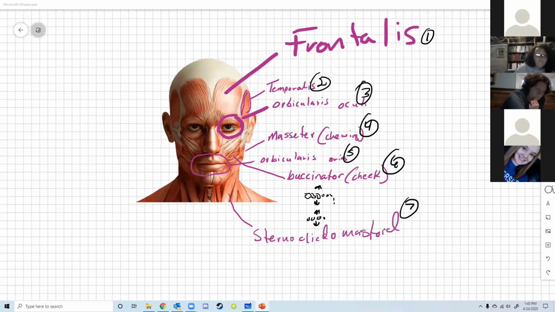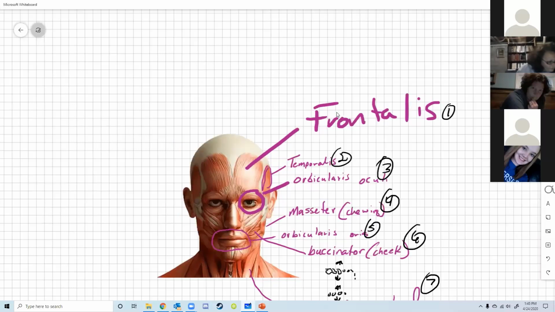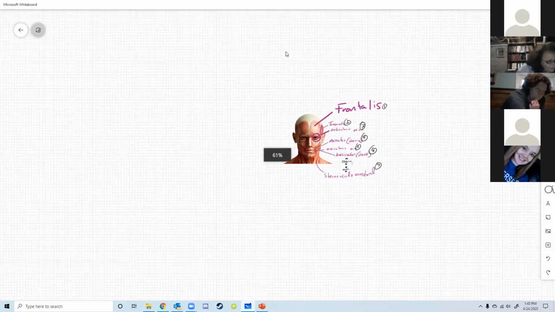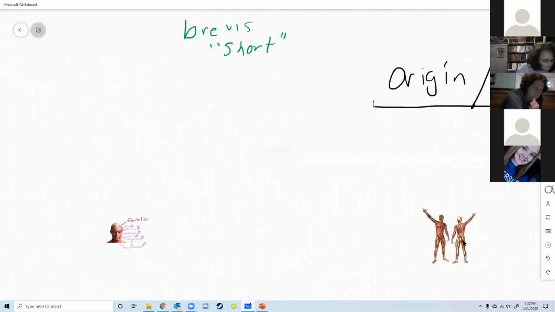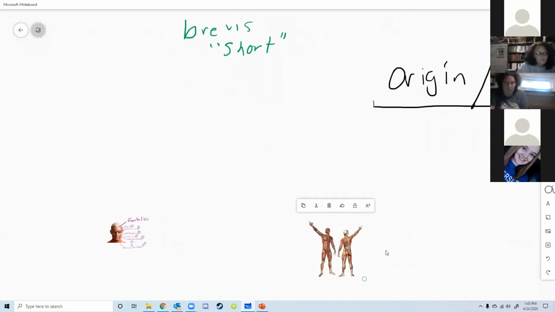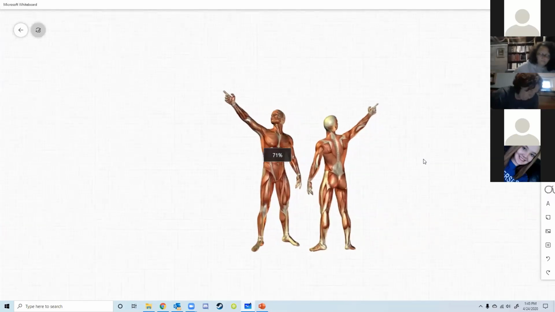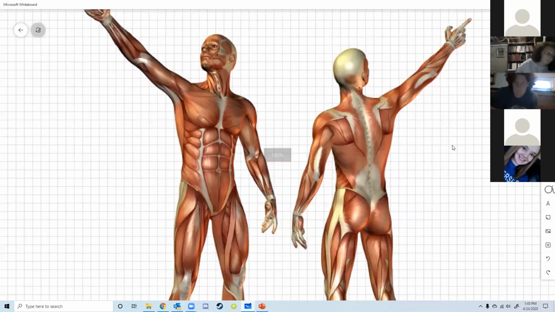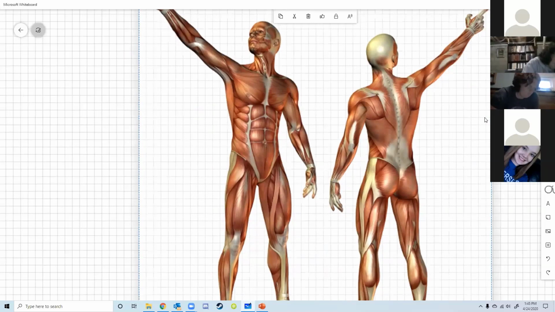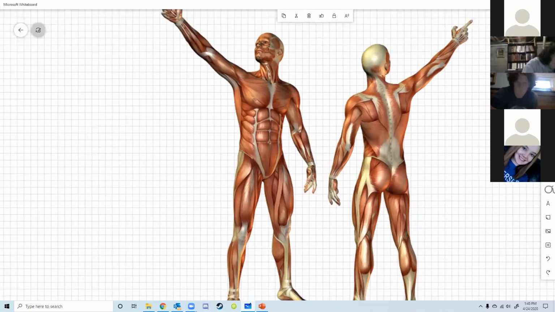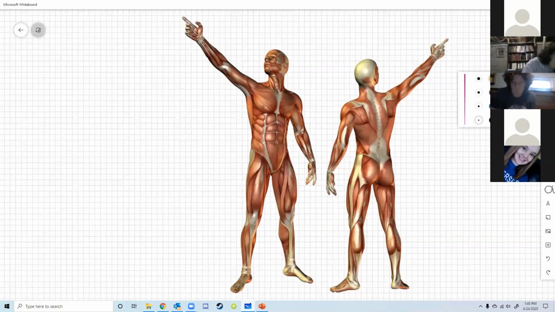Let's look at the trunk. Trying to find a good color to highlight these with.